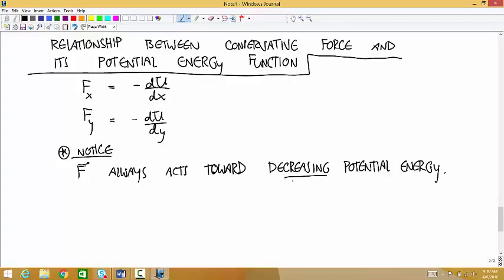Okay, so let's think about that in terms of gravity. So with weight, where is the potential energy due to gravity higher? Is it higher in the air or lower towards the ground?